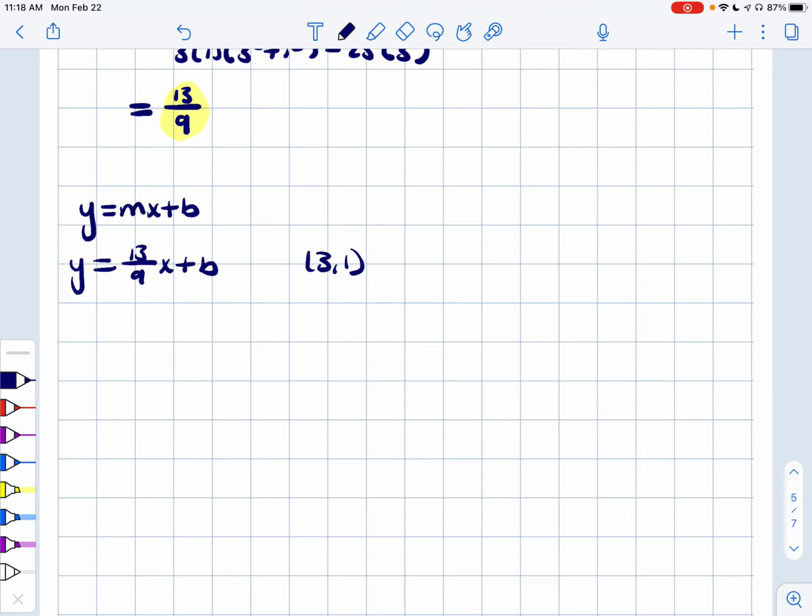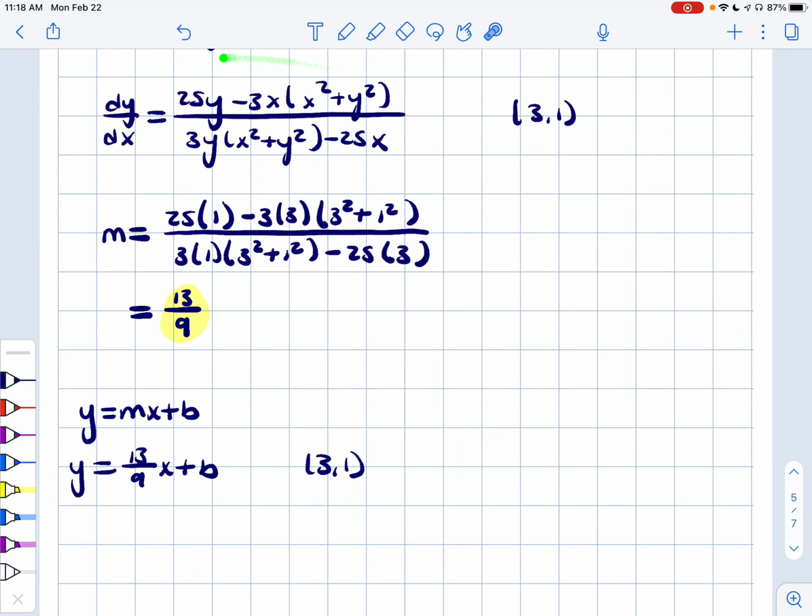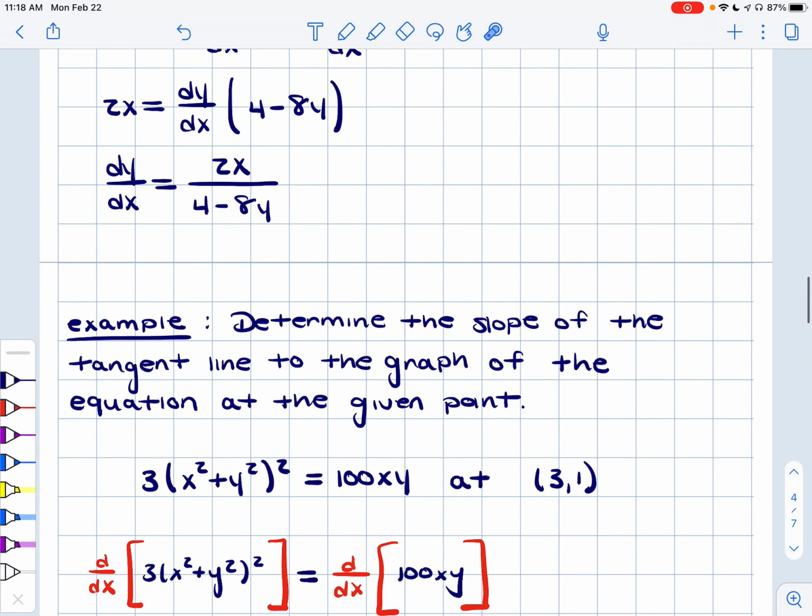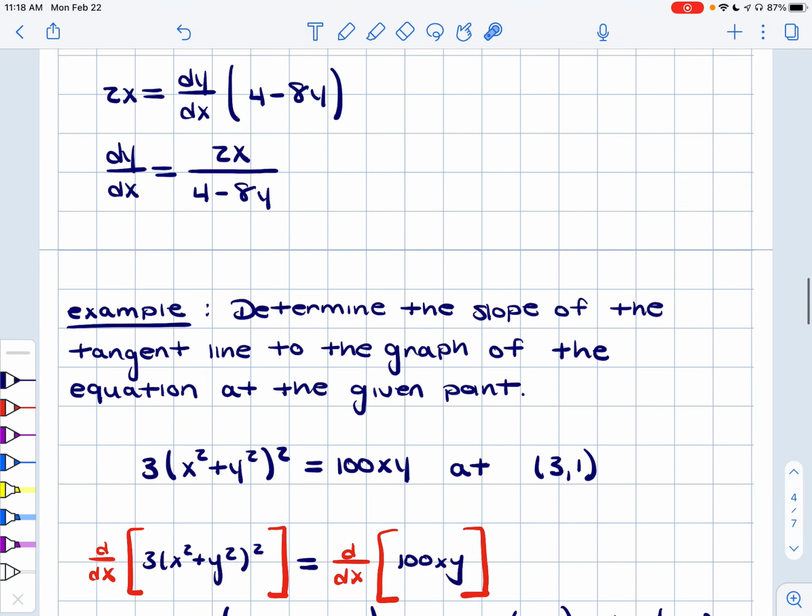So just keep in mind that if you are asked to find the entire equation of the tangent line, then once you find the derivative and plug in your point to find the slope, just think about your y equals mx plus b to continue on and find the entire equation. All right, guys, so that was just an example of finding the slope of a tangent line, including this implicit differentiation.